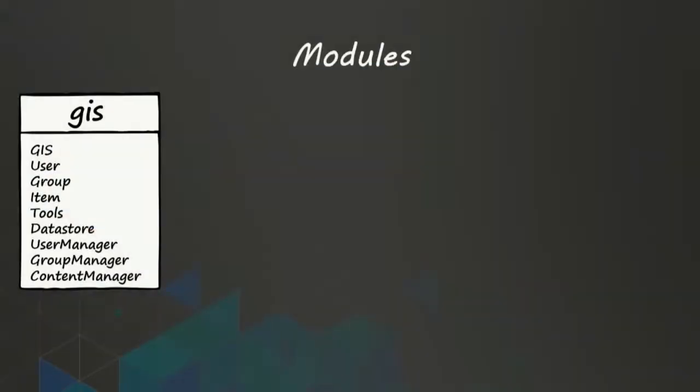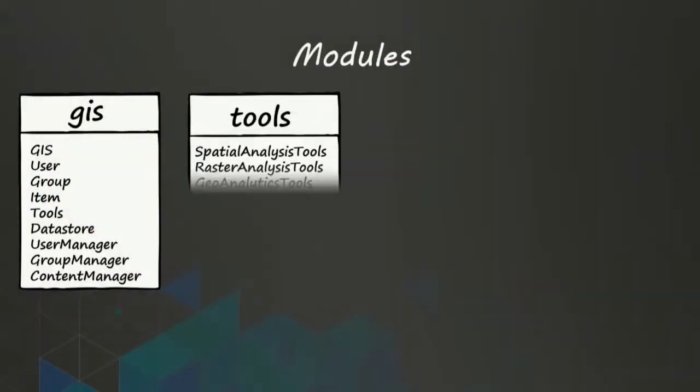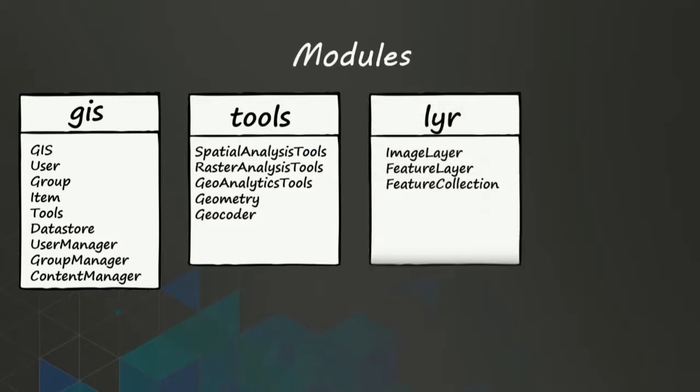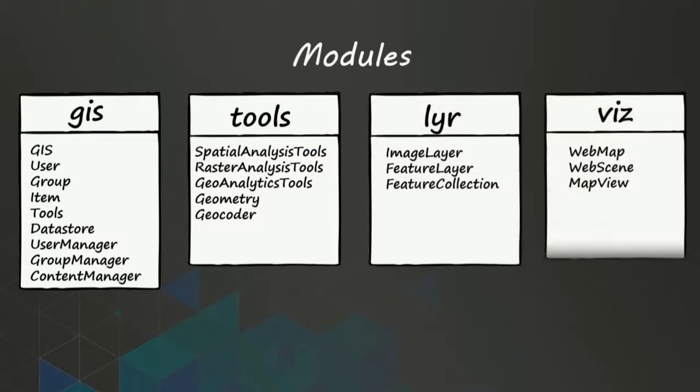It starts with your GIS, of course, and your GIS has tools, and it has layers that go into visualization in the form of web maps and web scenes. Simply said, it's GIS made simple. Another view of the system is, if you start with your GIS, you look at users, groups, items, and you manage them, and you have tools to work with them. But it's probably best experienced through a demo. So Rohit, show us what you can do with this API.